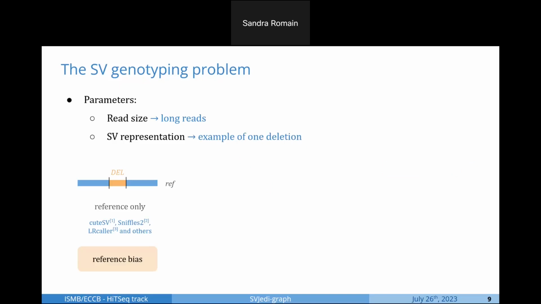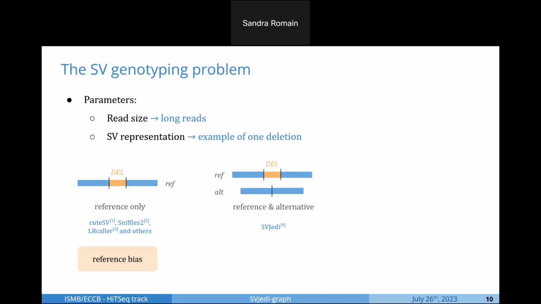The problem with this representation is that it causes a reference bias in the genotyping. So a second method to avoid this reference bias is to represent both reference and alternative alleles as independent sequences. This is the method proposed in SVJedi, which is a tool that was developed in our team.